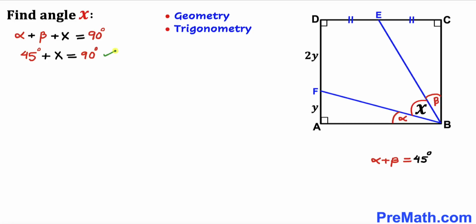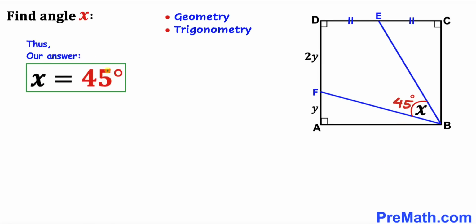As you can see in this next step, I have replaced alpha plus beta by 45 degrees. Now let's subtract 45 degrees from both sides. So our angle x turns out to be 90 degrees minus 45 degrees, which gives us 45 degrees. Thus our angle x turns out to be 45 degrees.